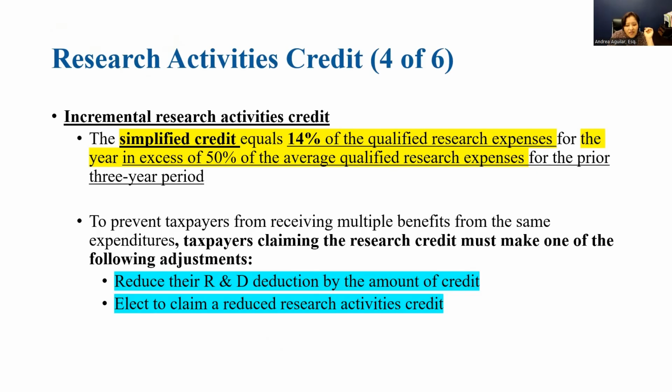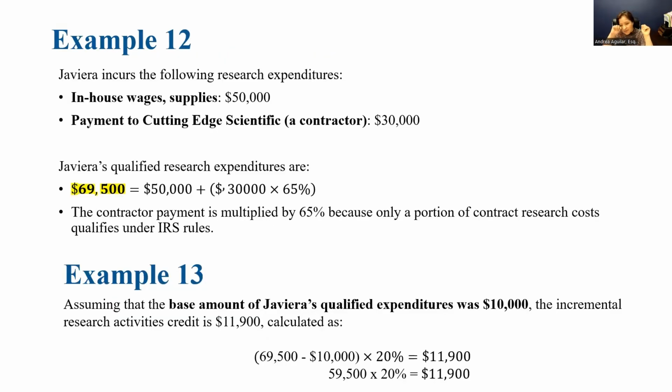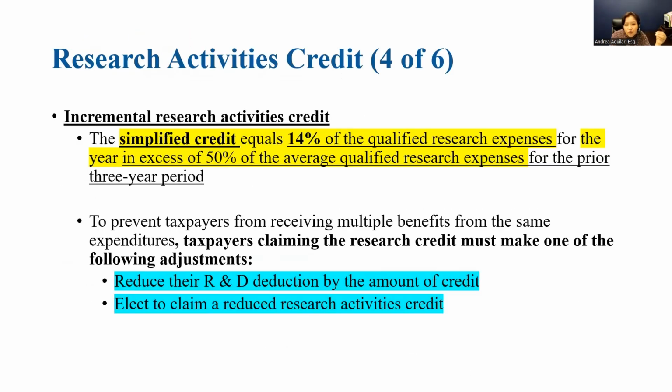So if you want to just apply the simplified method and not look at the base amount, sometimes the base amount, like I said, will give you some problems, because if you are dealing with an actual business, you will have to see the historic expenditure of this company. And sometimes that will be a little bit hard to find out what is my base amount. The credit would be equal to 14% of the qualified research expenses for the year in excess of 50% of the average qualified research expenses for the prior 3-year period.